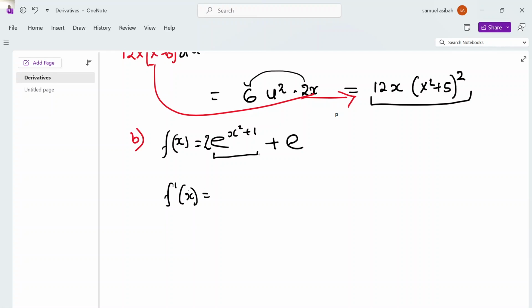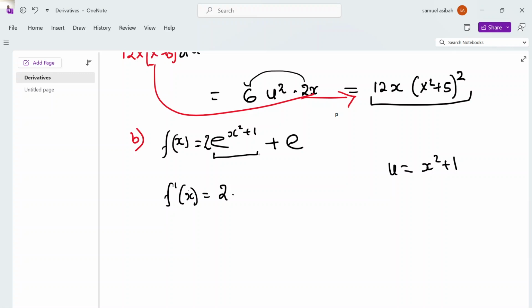The first part here, we are going to differentiate by parts because of addition. Now, 2 is a constant, so from the experience we have gained above, if you say that u is equal to, for instance, x squared plus 1.